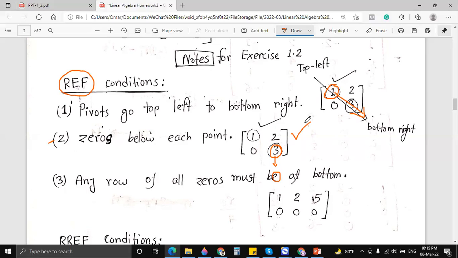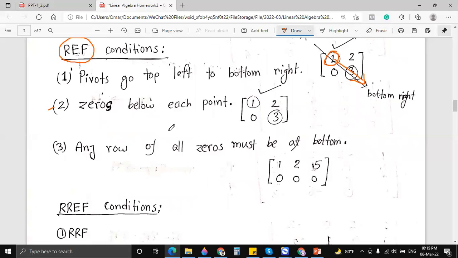And the third condition is any row of all zeros must be at the bottom. That means if we have any row that contains all zeros, it needs to sit at the last, at the bottom.